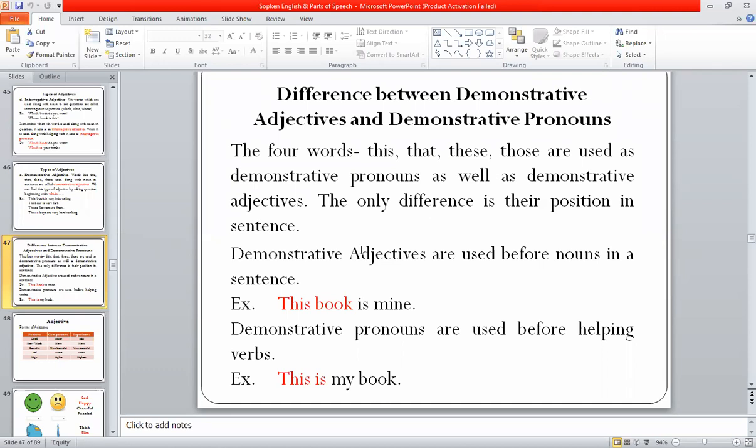Because is is the auxiliary or helping verb in this sentence, and this came before is. That is why it works as a demonstrative pronoun.